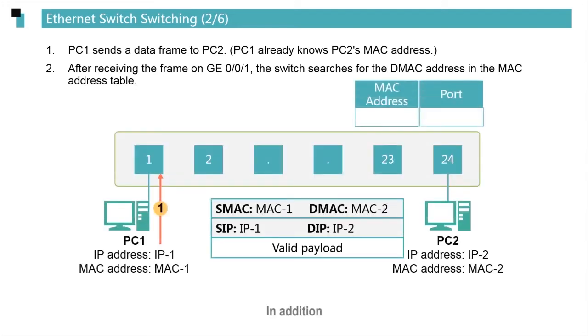address. In addition, the switch learns the SMAC address of the data frame and creates a MAC entry based on the SMAC address. This entry associates the SMAC address with the inbound port GE001 that receives the frame. The switch searches its MAC address table for the DMAC address of the frame.